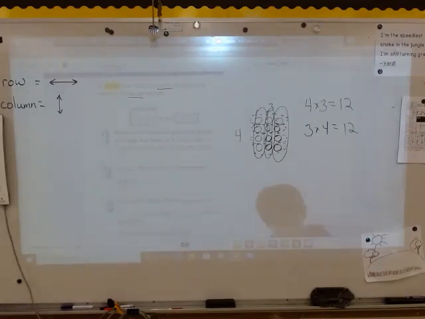Chapter 4, commutative property of multiplication, it should say. Find that in your dictionary.